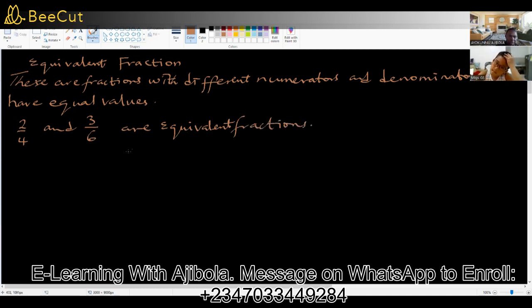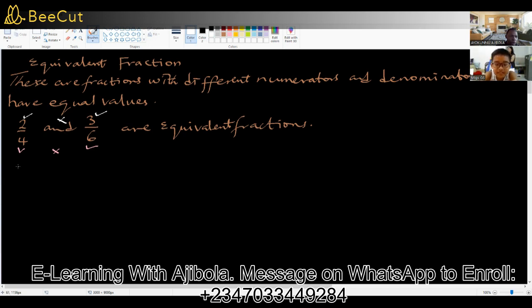Listen carefully so that I can explain, because I will ask you to give your own example. These are two different fractions: the numerator is different from the numerator, and the denominator is also different from the denominator. Is that clear?